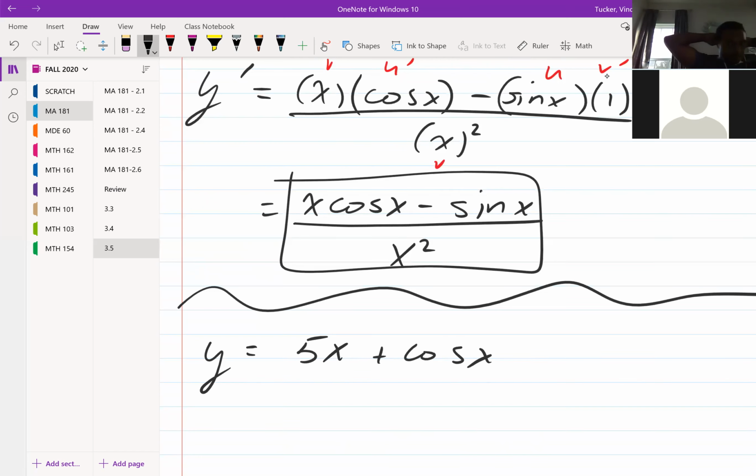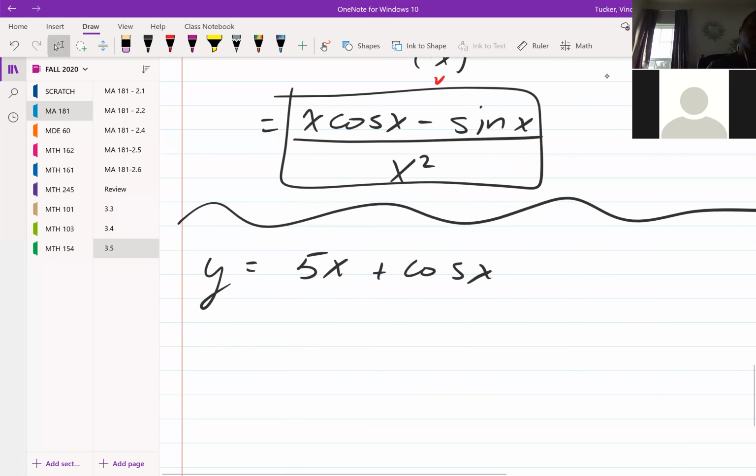All right, 5x plus cosine x. So same type of thought process. Looking at y prime to be the derivative of 5x, that will just be 5.